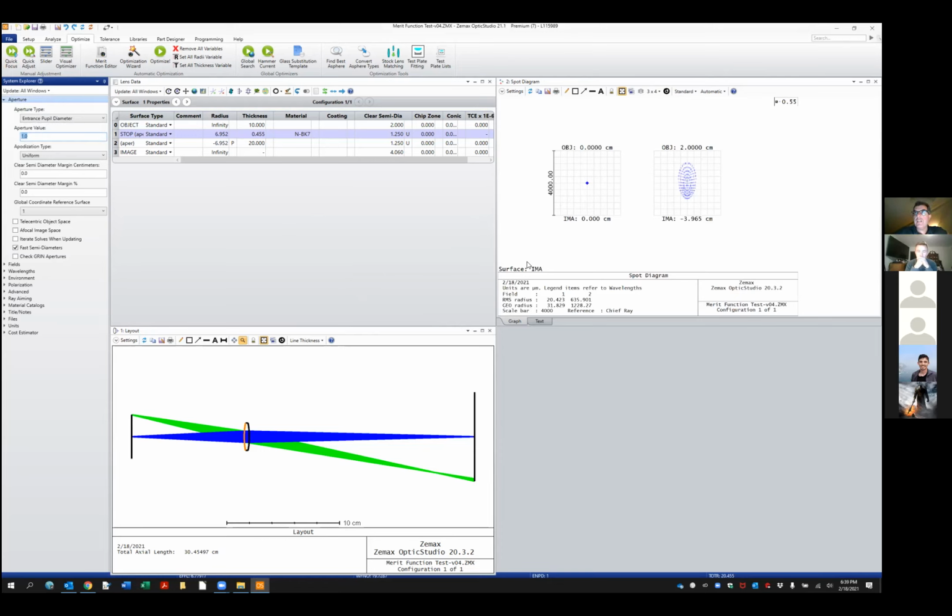Why do you think that is? I mean, are they weighted the same? You just focused on the on-axis object, right? Yeah, the off-axis object got absolutely no weight whatsoever. Let's move the off-axis object closer.